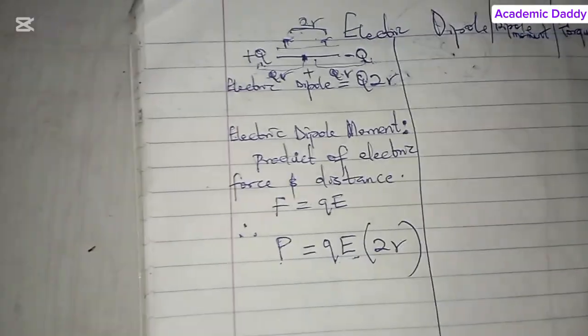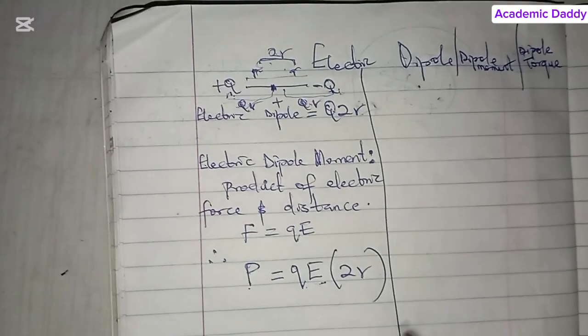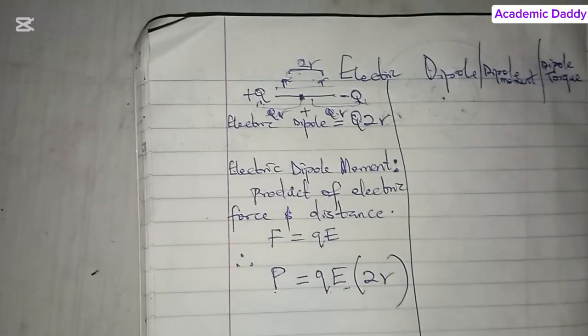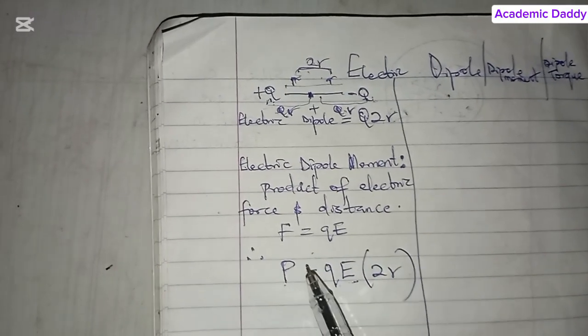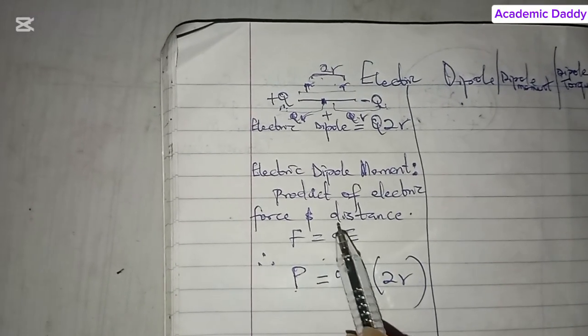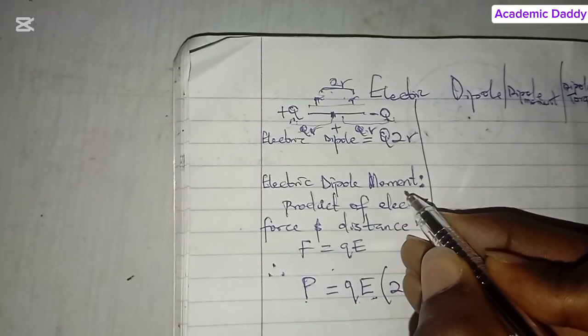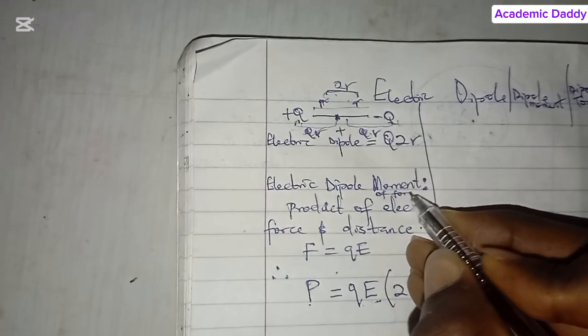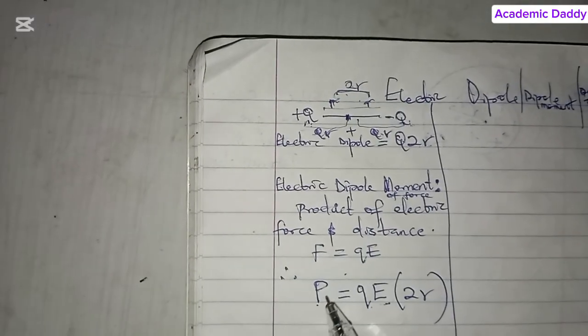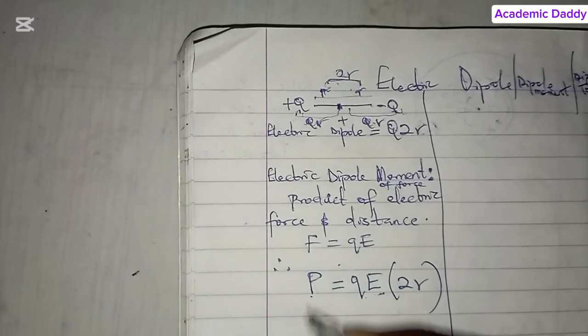Now, electric dipole torque, or electric dipole moment of force, is the same thing as this. But if I'm considering this, what I have here is supposed to be torque.